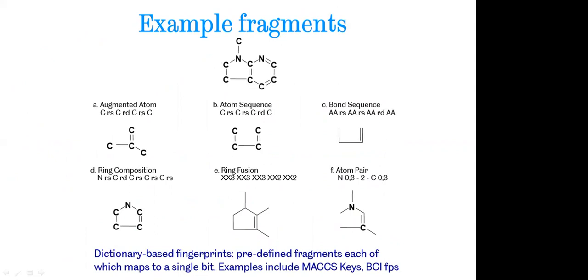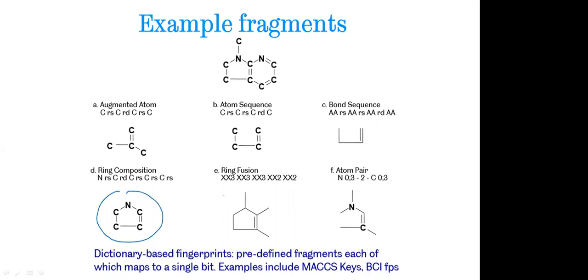Here in these fragments, you can see augmented atoms, atom sequences, bond sequence, ring composition, ring fusion and atom pair, and these are mentioned as fragments. So in these fingerprints we have predefined fragments, each will be a single bit, and here we are representing the MACCS keys.